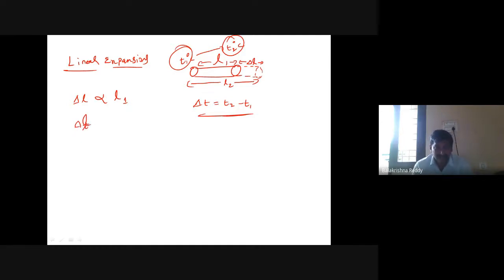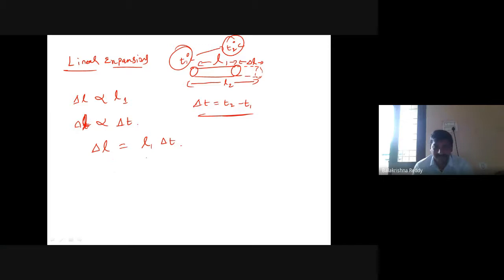Delta L is also directly proportional to the change in temperature. Since these two are directly proportional, I can write delta L equal to L1 into delta T.